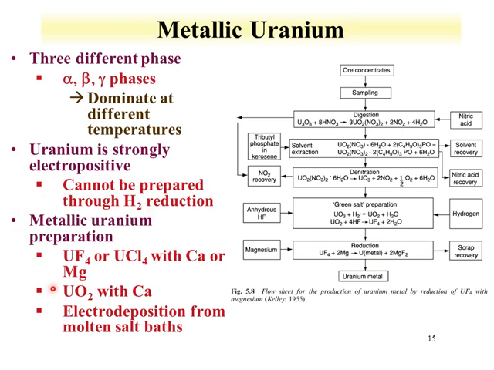So this preparation can be done with uranium tetrafluoride or tetrachloride with calcium or magnesium. You can also use UO2 with calcium, or you can do electrodeposition from molten salt baths. And as we talk about uranium processing or nuclear fuel processing, one of the methods is electrochemistry, in which the material, the nuclear fuel, is dissolved in molten salts, and then electrochemistry is performed in these molten salts.